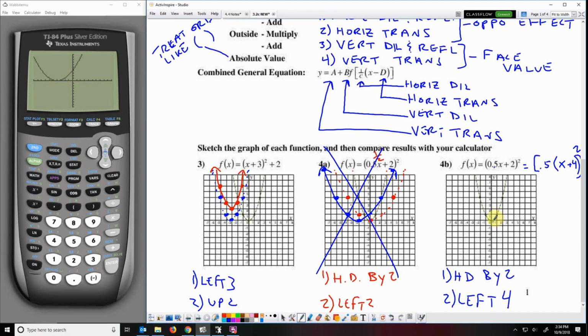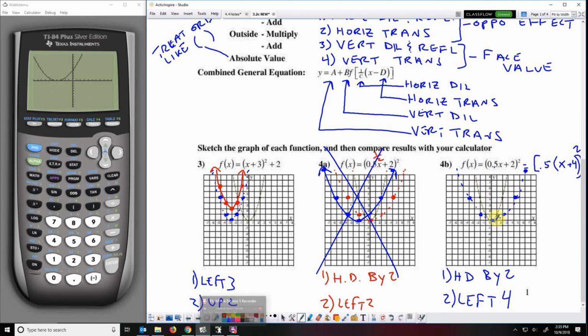Okay, so I'm going to double all my x values like I did before. So there it is after that horizontal dilation by 2 again.